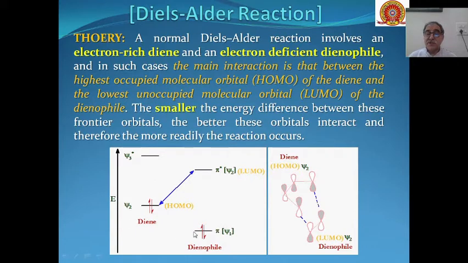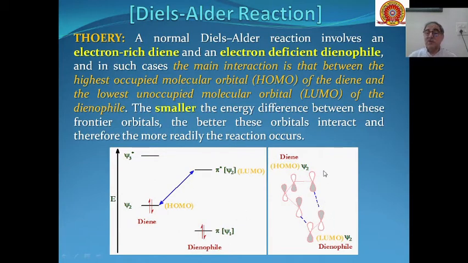Similarly, this is the dienophile, and its LUMO is Psi2. If the energy difference from the HOMO of the diene to the LUMO of the dienophile is less, then the reaction will be faster. The better these orbitals interact, the more readily the reaction occurs. The smaller the energy difference, the higher the rate of the reaction.